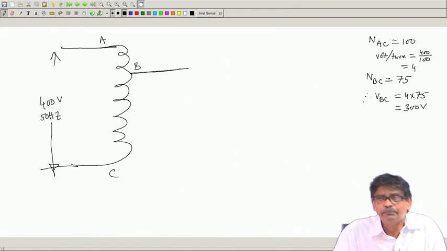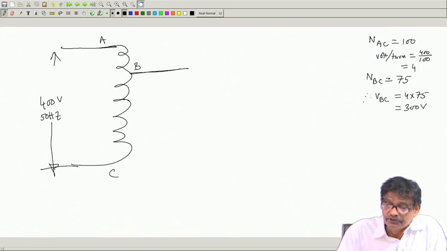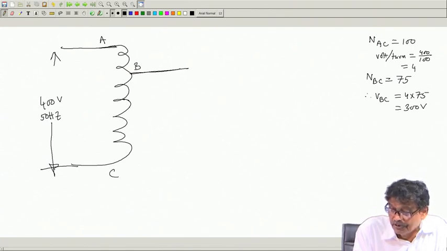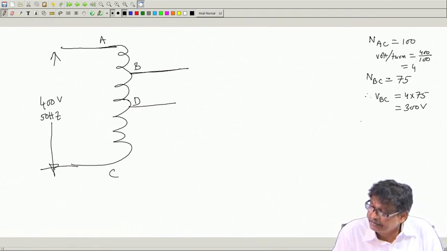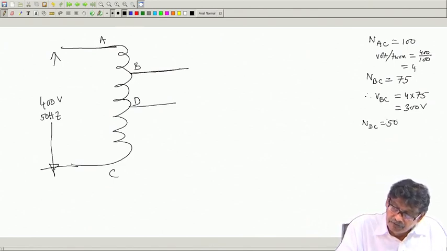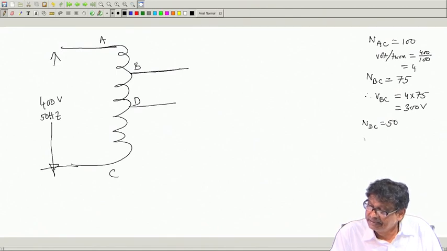And suppose I have two loads, one requires a 300 volt supply, another requires a 200 volt supply. So, from the same auto transformer, suppose you have another tapping, say at point D, such that N DC is 50. Then V DC will be equal to 50 into 4, equal to 200 volt.